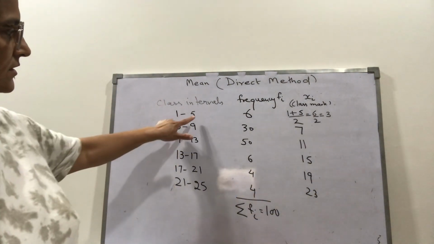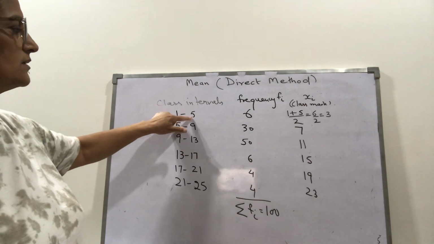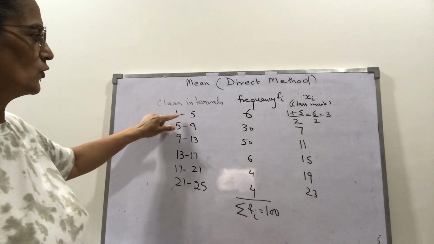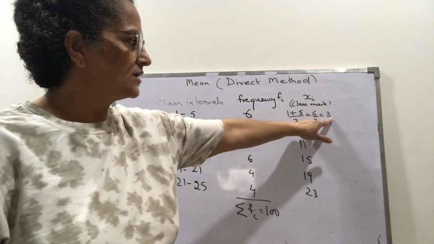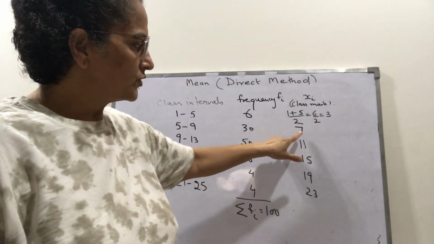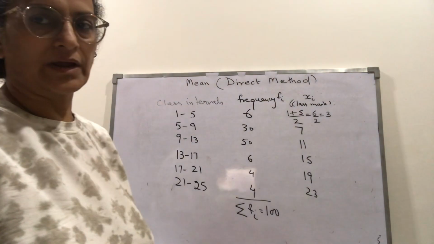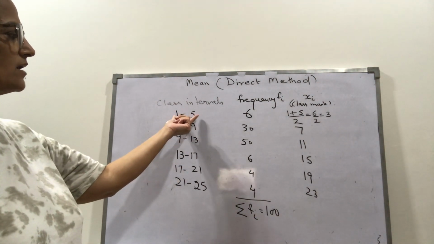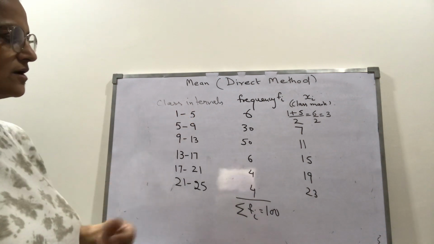You can see that 5 minus 1, the class size or class width, is 4. Here also you can see the difference is 4. So you keep on adding 4 and you can get all the class marks. This 4, the class size, can be found from the question.